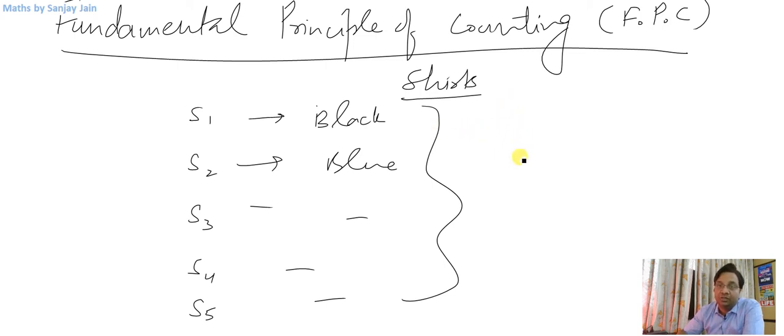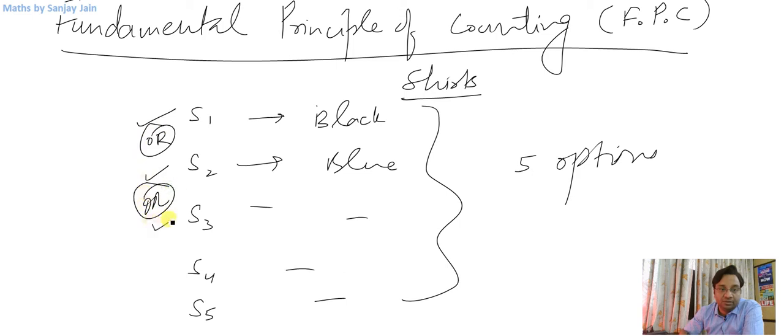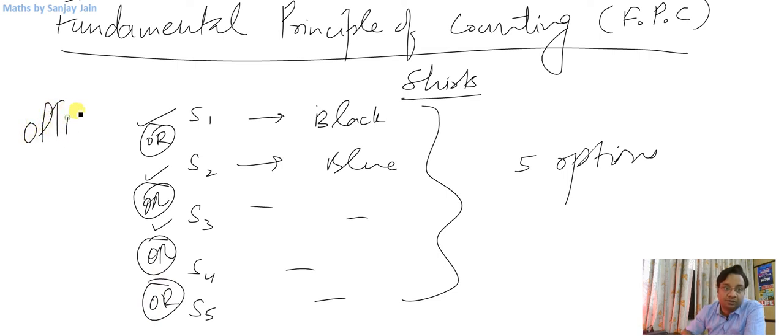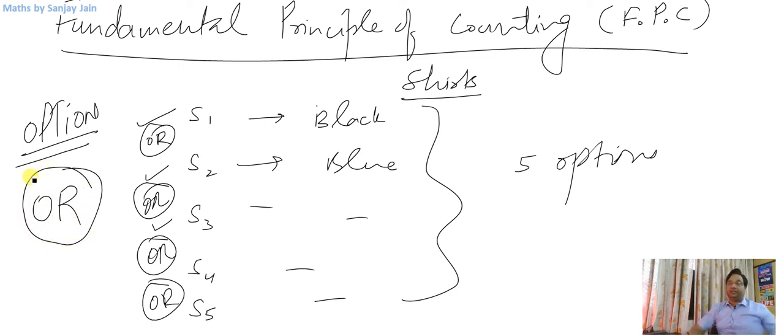How many options do you have? You will say 5 options. I can wear S1, this shirt, or this one, or this one, right? So there is an option with you. Or you can say there is a sense of or, right?